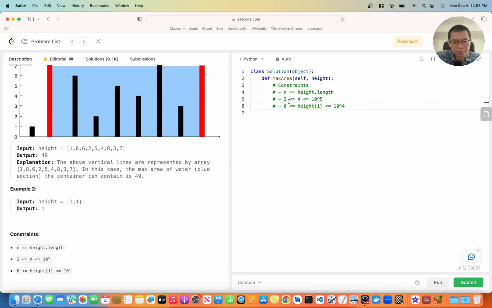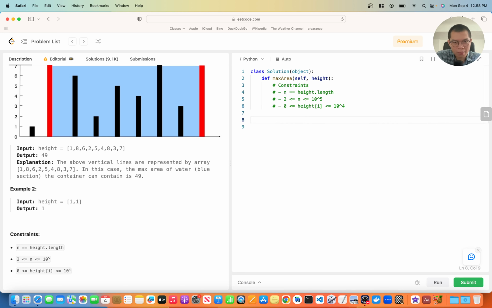So you know that n can get pretty unwieldy. It could get as high as 10 to the 5th. So you can't do some kind of brute force approach. Something brute force is just not going to work. You have to be a little smarter with your algorithm design, and each value within the heights list can range from 0 to 10 to the 4th.